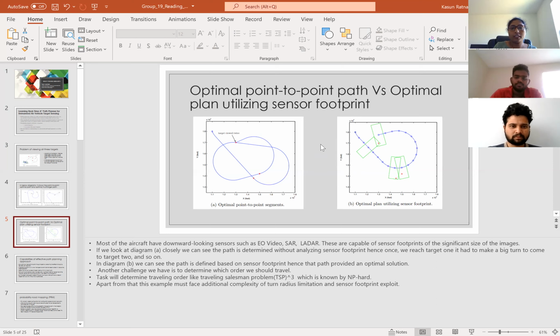Here we discussed some of the issues we have when determining the optimal path. But apart from that, we have issues identifying the correct location or the size of the target. So it is crucial when we are actually going for the optimal path utilization.